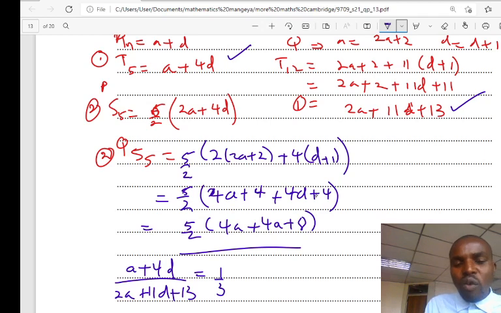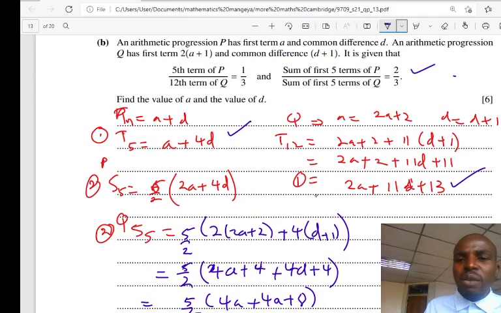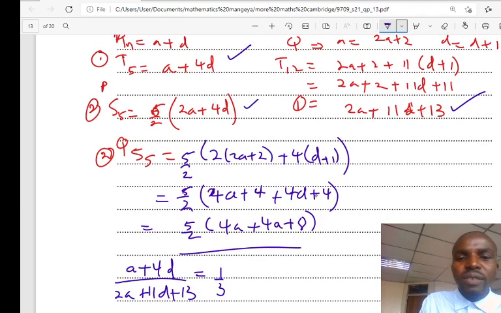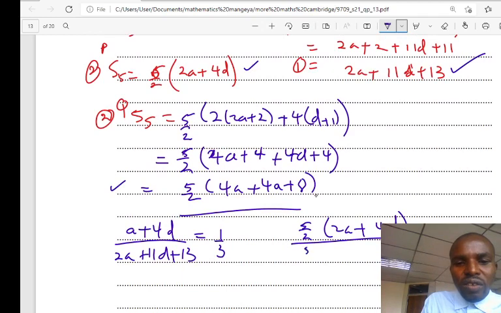And you can form an equation in D and A. Then another one, we're given the sum of 5 terms of P over the sum of 5 terms of Q. Sum of P is this one: 5 over 2, then 2A plus 4D, over the sum of Q, which is 5 over 2, 4a plus 4d plus 8.